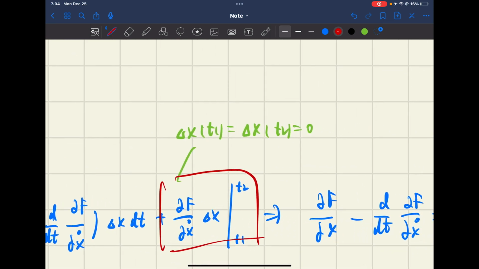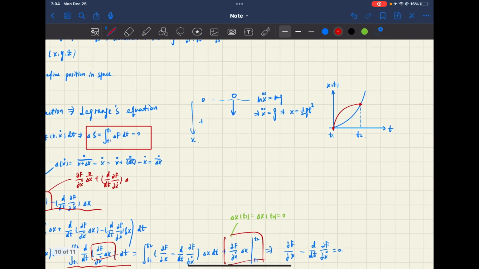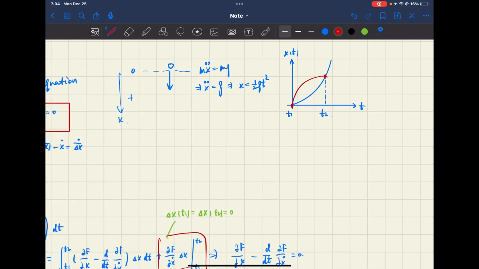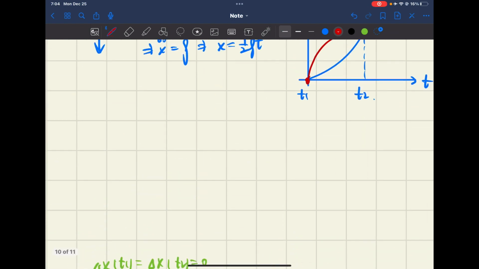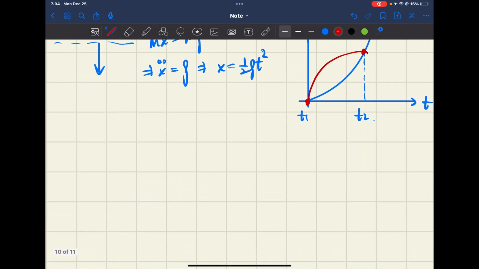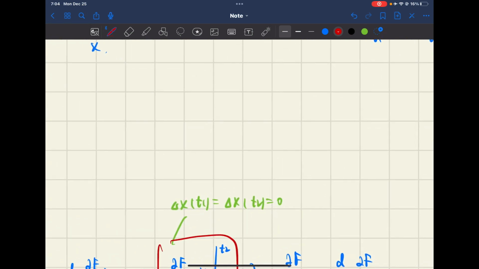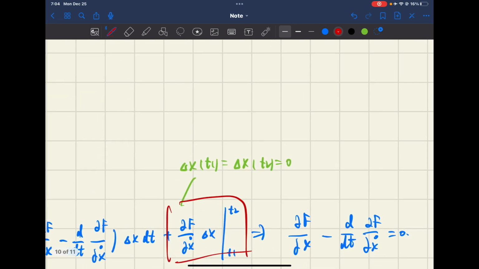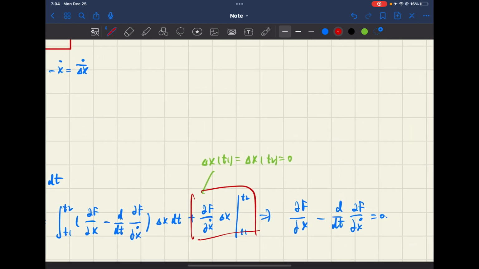However, if we take a closer look at the next term, since we have already fixed our starting point and end point, delta x, I'm going to draw it for you. So this is delta x. Delta x is always equal to 0, no matter whether it's at t1 or t2. Delta x at t1 and t2 both equal 0.